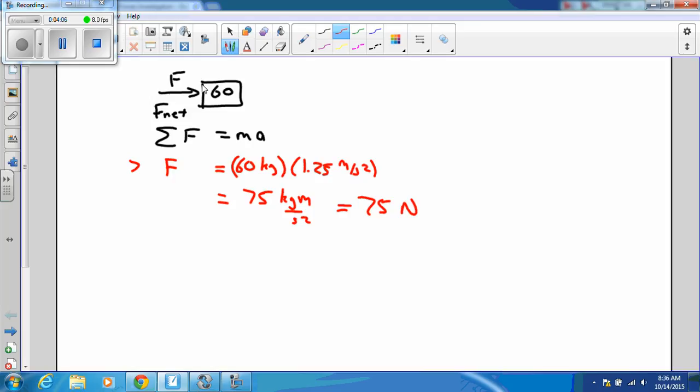You just need to do it in mathematical terms. Yeah, mathematical form is best.